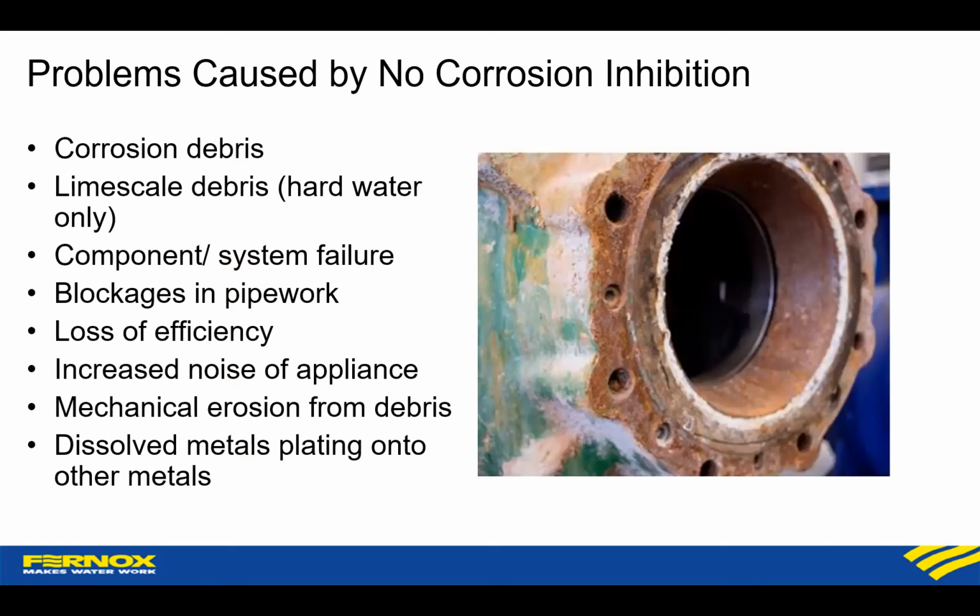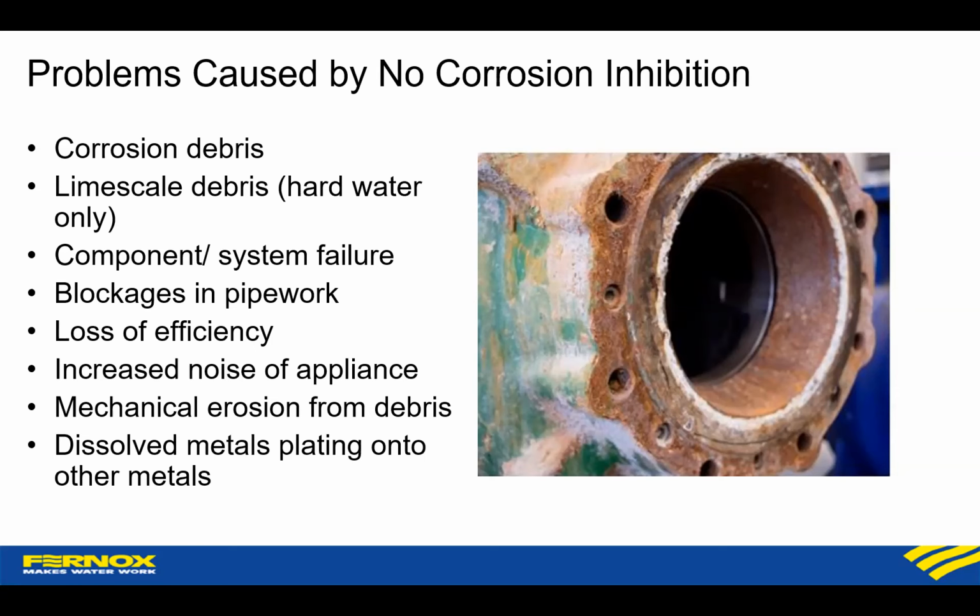A lot of this slide will be obvious, I'm sure, but just to go through it, problems that are caused by corrosion. You obviously form debris. That can be corrosion debris, iron oxides, copper oxides, depending on the components in the system, and also limescale debris if you use hard water, tap water.